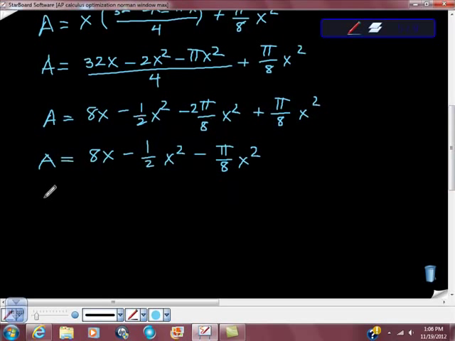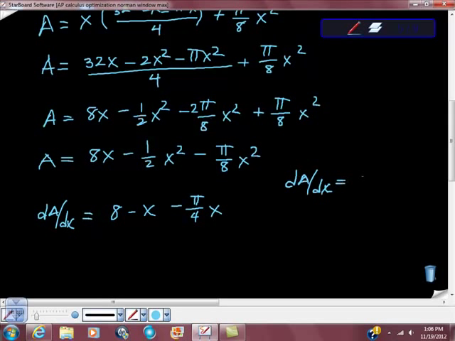So I'm going to go ahead and take dA dx, the derivative of area with regard to x, which is 8 minus x minus pi 4ths x. Isn't that right? And remember that because we want to max or min something, we want our derivative dA dx to equal 0.